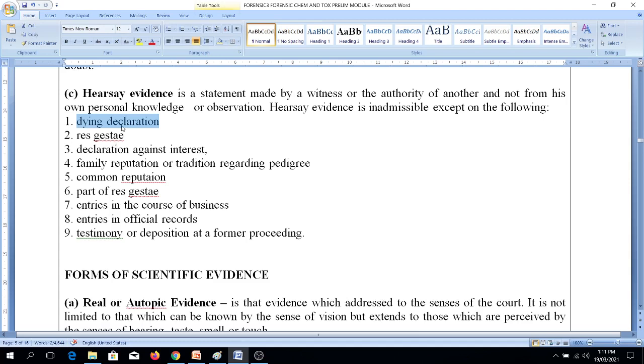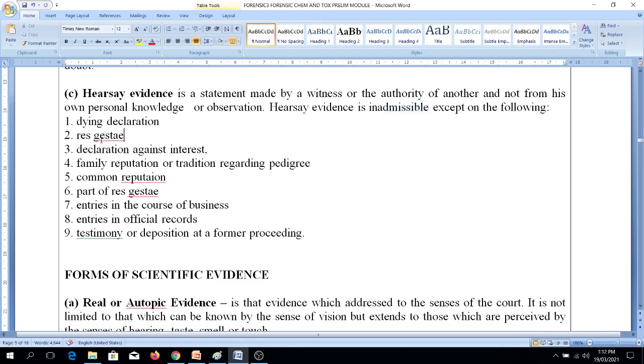Okay? So if Mr. C will be called to testify in court, ang iyahang statement regarding sa information stipulated and divulged by Mr. A na si Mr. B ang ipatay niya is already considered as a dying declaration. And it is admissible, acceptable as evidence in court.